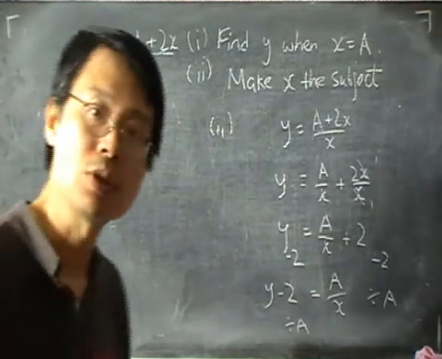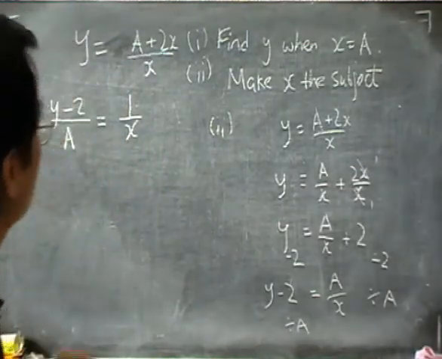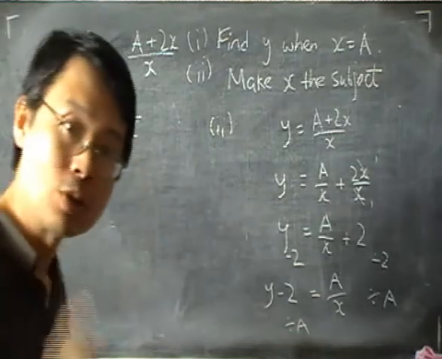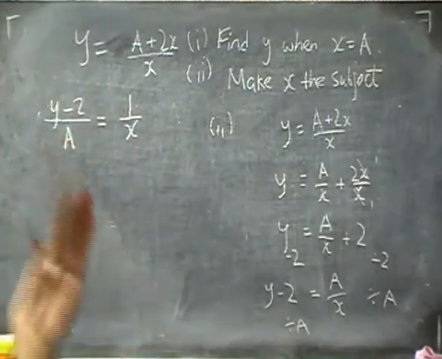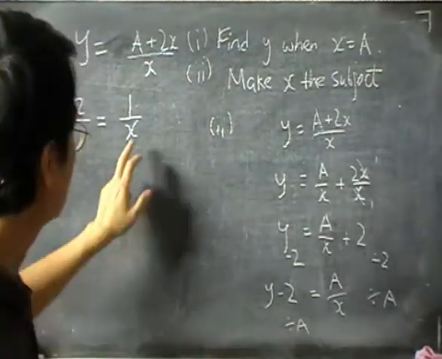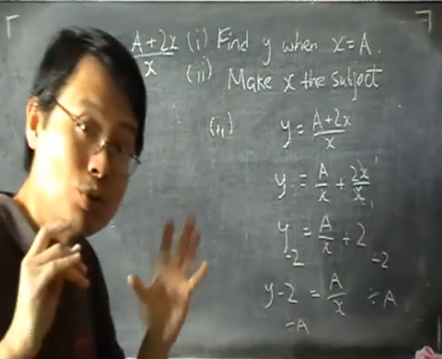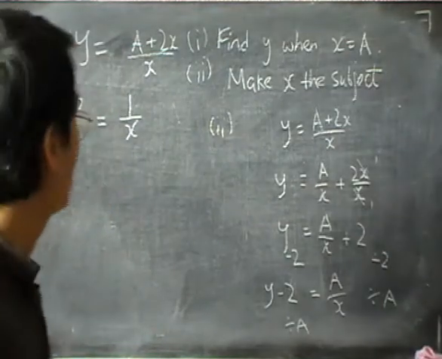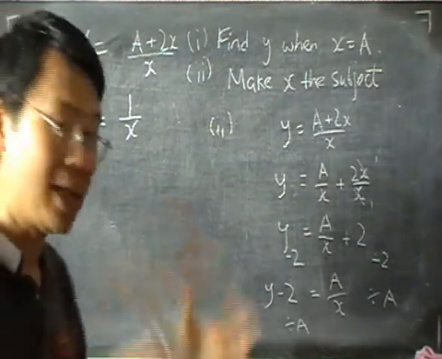Now I have just x on one side. So it might look as if I've got the answer, but not yet. When we say we want just x on one side, we mean really just x, and not even 1 over x is allowed. Okay, so just x on itself.